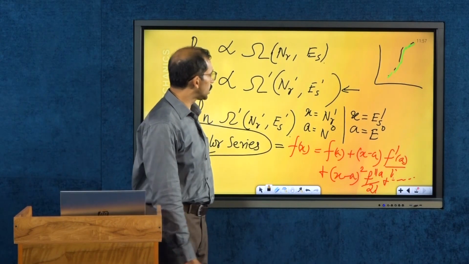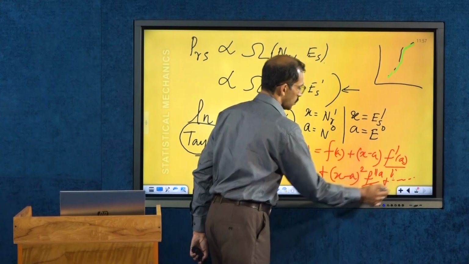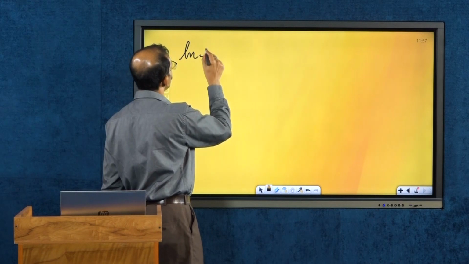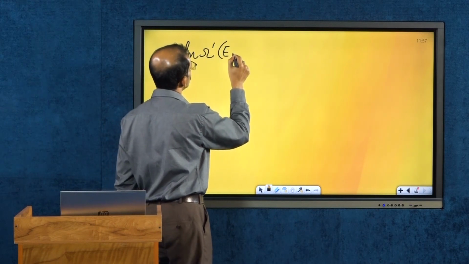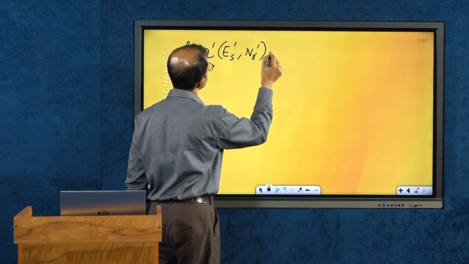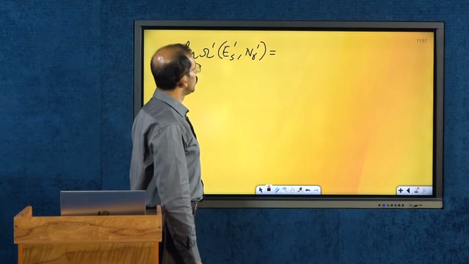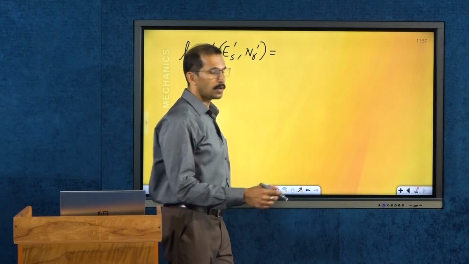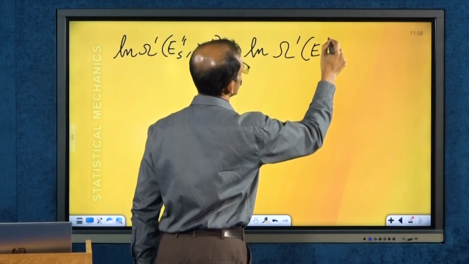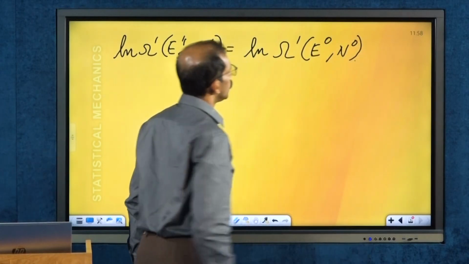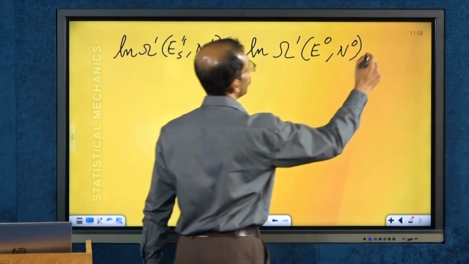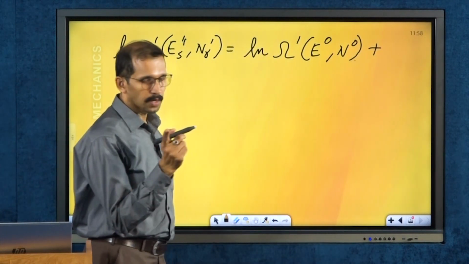So, when we are doing this operation, I can write this as equal to ln of omega dash Es dash nr dash, which is equal to what? ln of omega dash E0 N0 plus the differential functions.